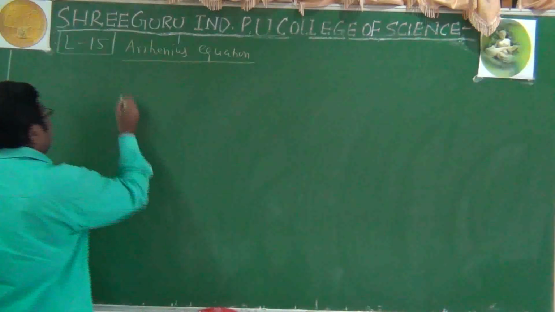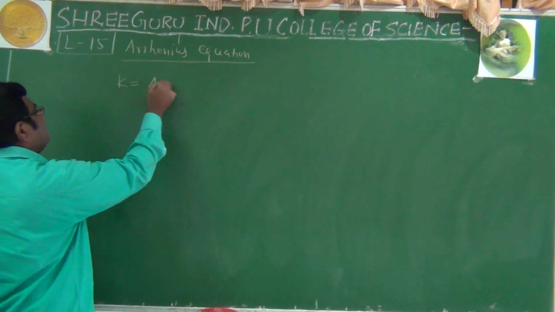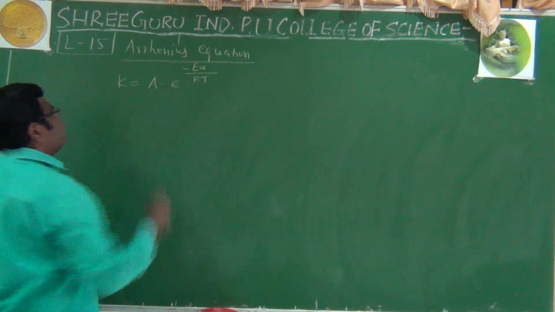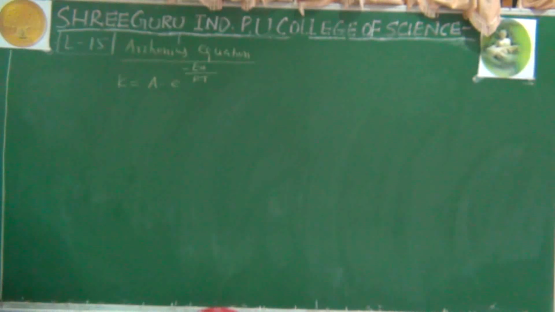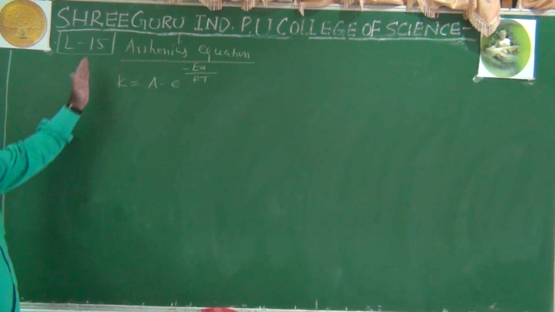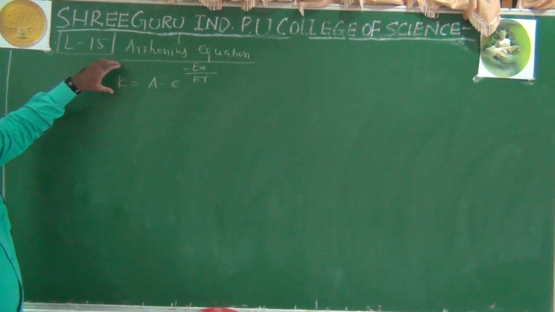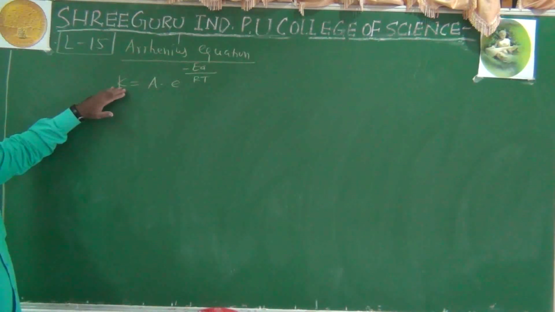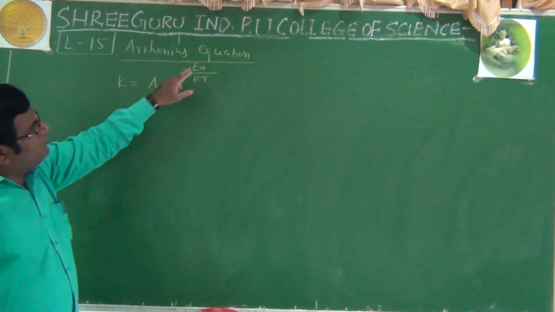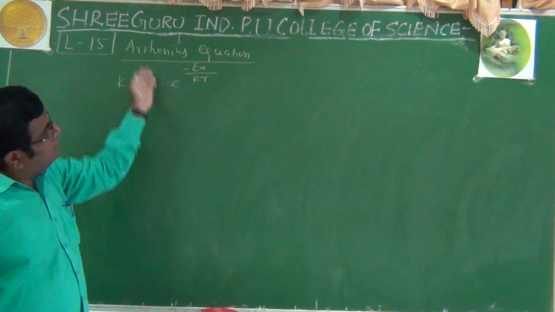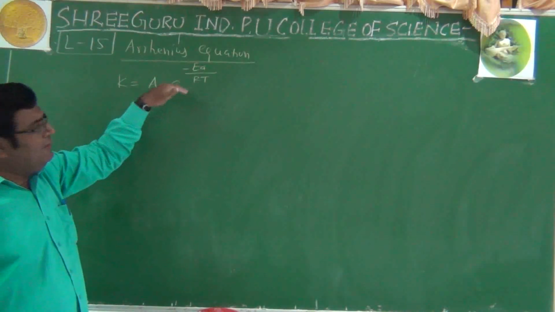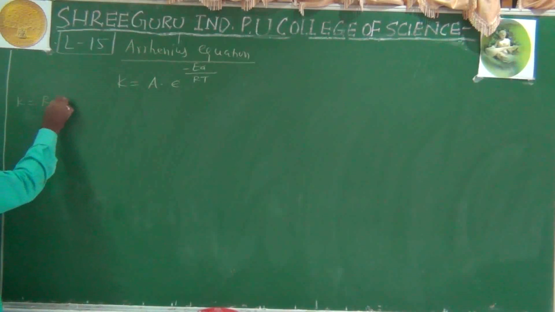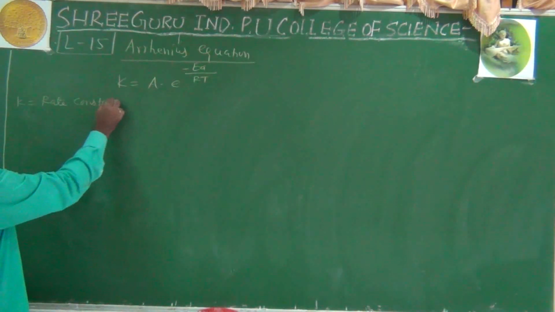The equation is k equals A multiplied by e raised to minus Ea by RT. Many times the question has been asked: state the Arrhenius equation and mention the terms in it. So you should know what we mean by k, A, Ea, R, T, e raised to minus Ea by RT, and e. So I will write here: k equals rate constant.